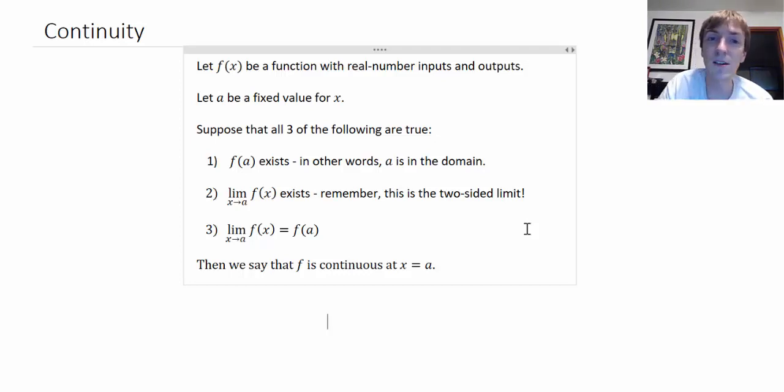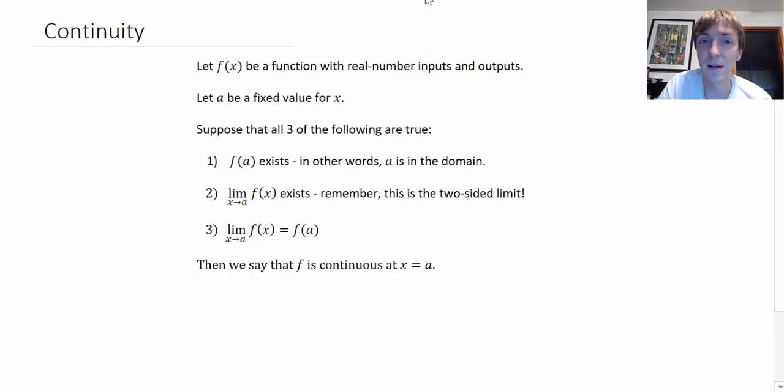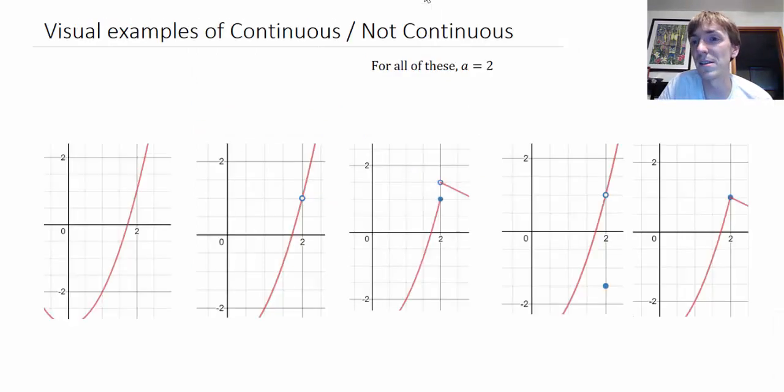So let's go straight to the graphs so we can see some examples of things that are and are not continuous. In all of these examples, the a that I have fixed is 2. There's a lot of similarity in the way I've constructed these graphs, but you can see examples of being continuous and not being continuous in this example.